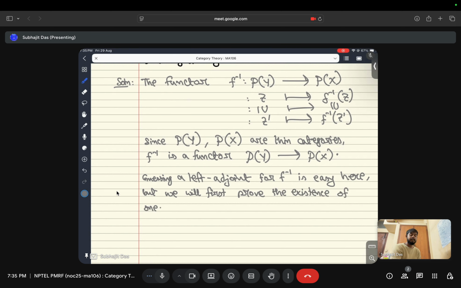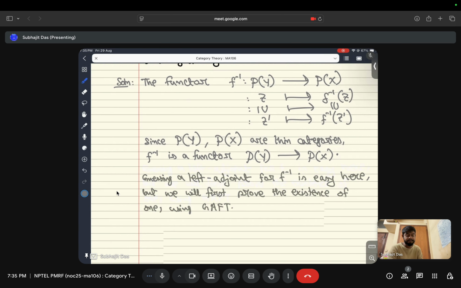Okay. So how do we prove the existence of a left adjoint in this case for the functor F inverse? Using GFT, using Freyd's adjoint functor theorem. So recall what are the conditions that you need to verify to show that F inverse has a left adjoint. First of all, Py should be small, complete and locally small.